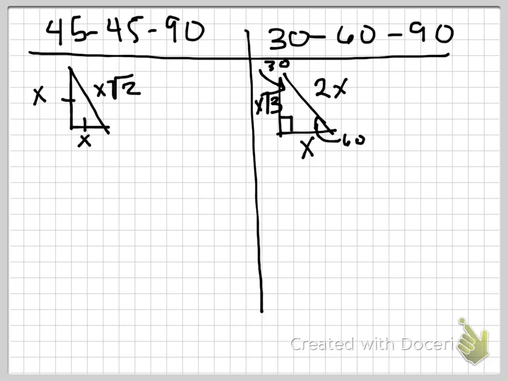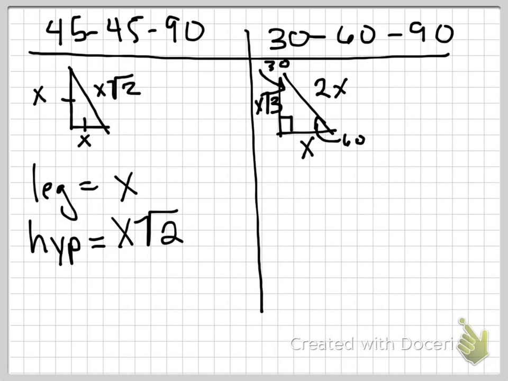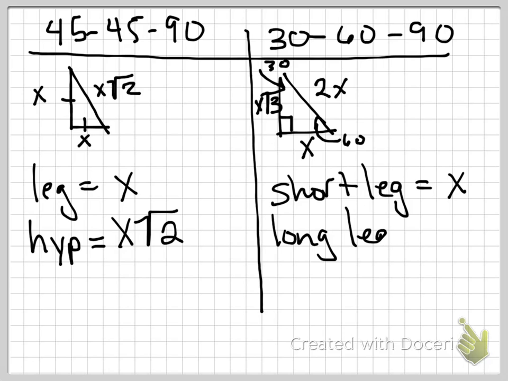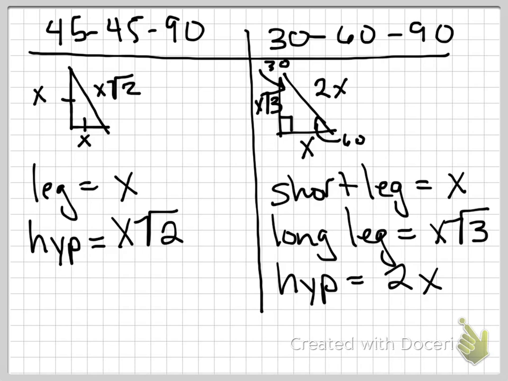Okay, so if we write it like this, that means that leg is equal to x, hypotenuse is equal to x times the square root of 2, and on 30, 60, 90, short leg is equal to x, long leg is equal to x times the square root of 3, and hypotenuse is equal to 2x.